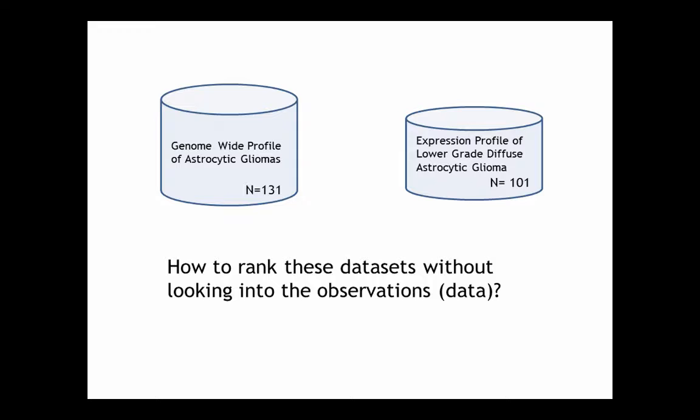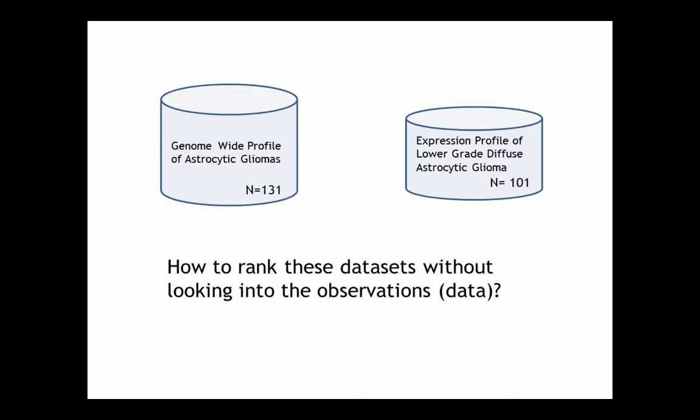Which one is better? The one that came on top is the genome-wide profile of astrocytic gliomas with 131 cases. The second was the expression profile of lower grade diffuse astrocytic glioma with 101 cases. So which one should be ranked on top? And there were many pages of results returning.